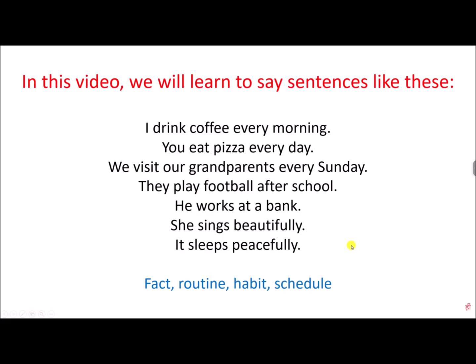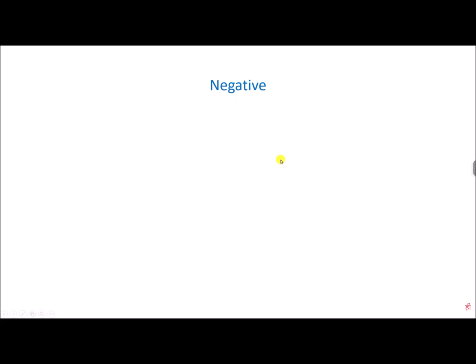All right, now to frame a negative sentence we need to use nahi. Okay, but then there are few rules associated with it, so let us learn those. Let me take an example.